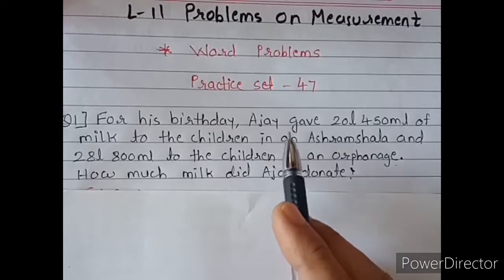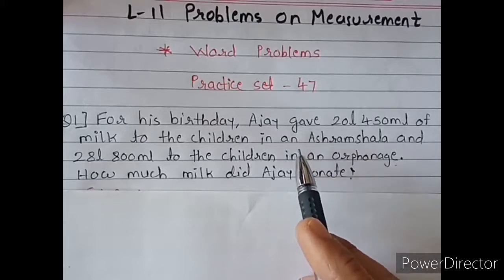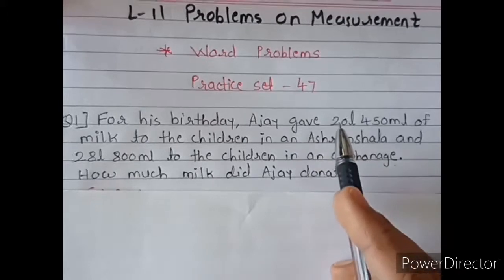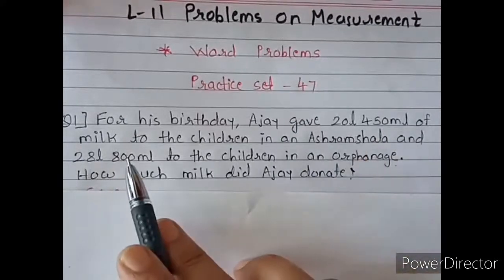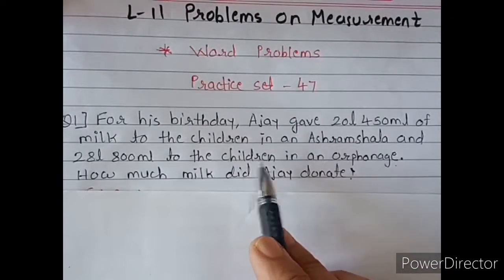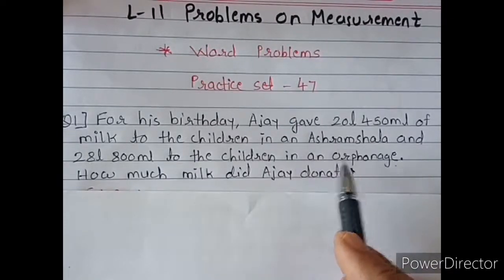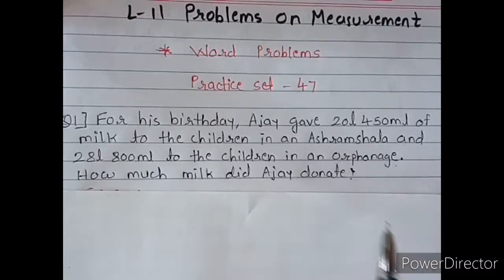He has decided to donate milk to an ashram shala and an orphanage. So how much milk did he donate? 20 liter 450 milliliter to the ashram shala and 28 liter 800 milliliter milk he donated to the orphanage. So what we have to find out is, how much milk did Ajay donate?